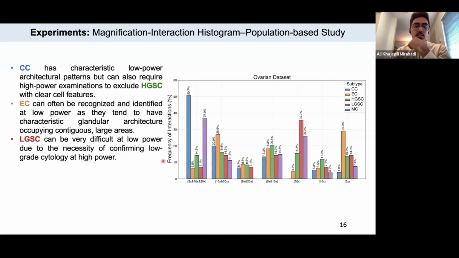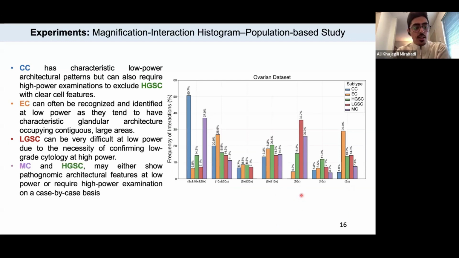And low-grade serous carcinoma is very difficult in low power, and pathologists usually diagnose it in high power too. And that's the same thing that the model is doing, meaning that 36% of the cases were diagnosed in 20x by the model.